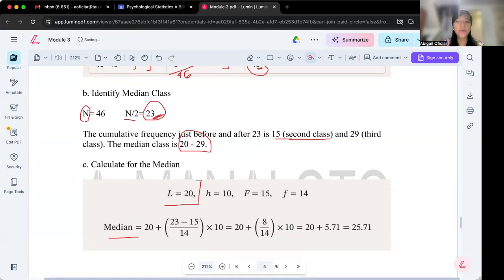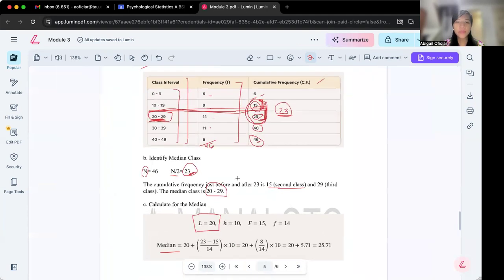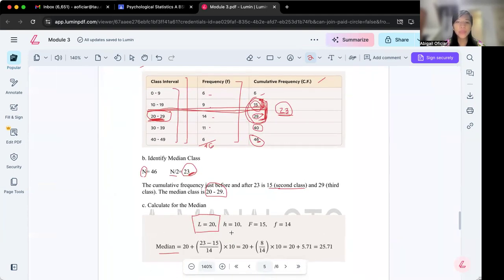We have 20. And the next is the h. Our h is 10. Our F is 15. And of course, the small f is 14.